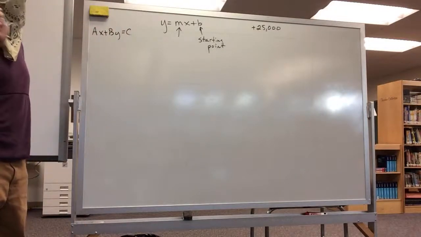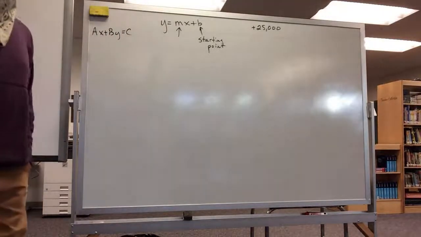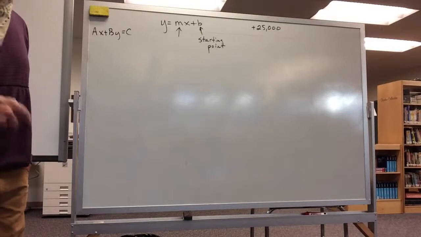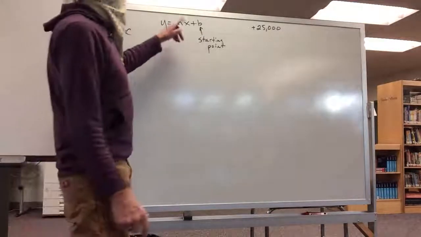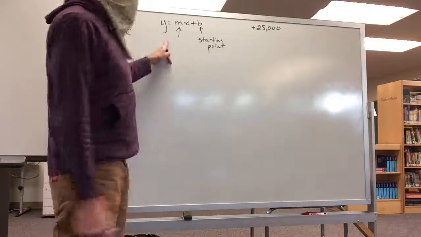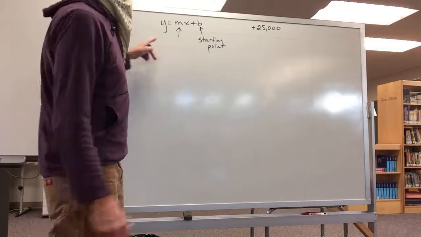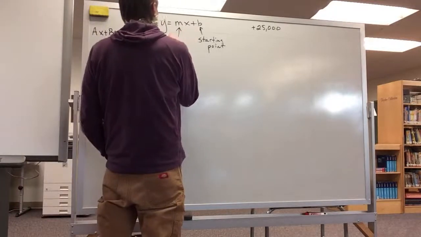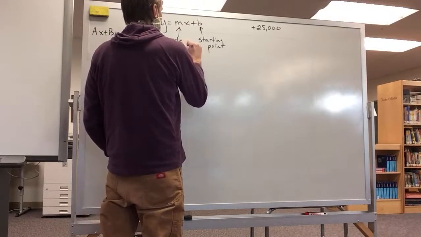That's not a rate problem because we're not talking about how fast they are being bought or eaten or growing. But when we have growing, increasing and changing situations, this is the form of the equation that we use. So the slope is the rate of change.